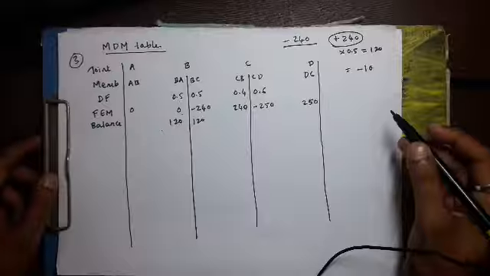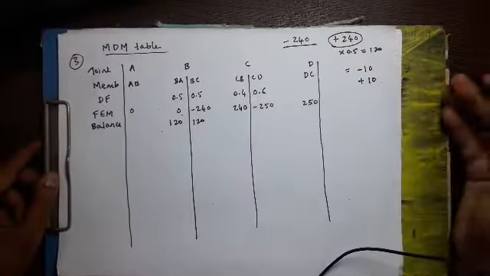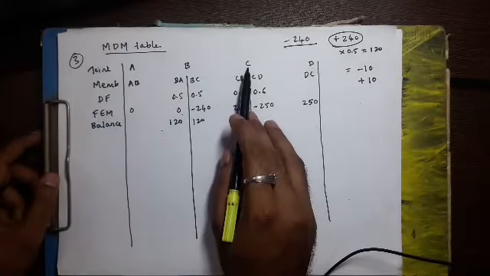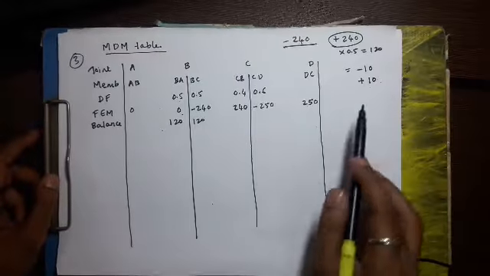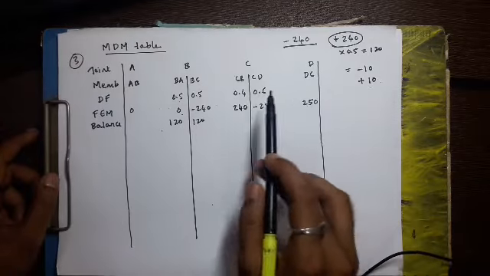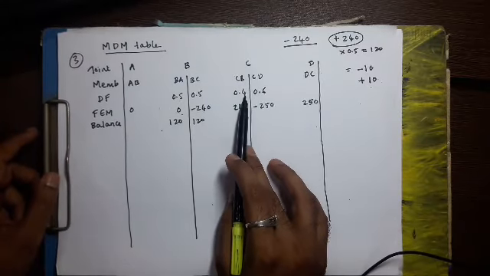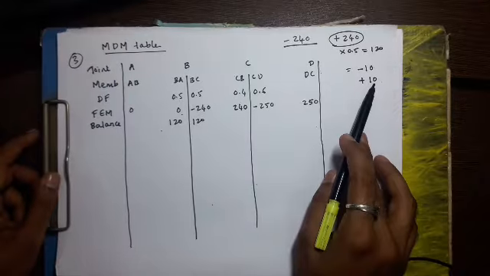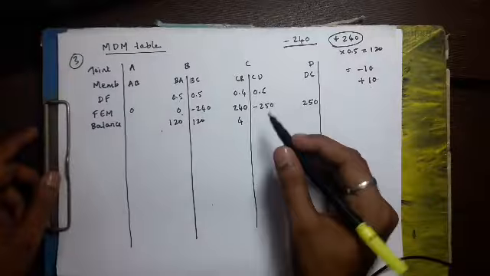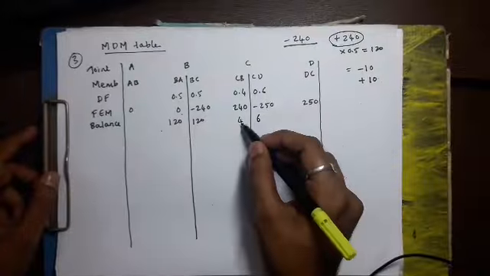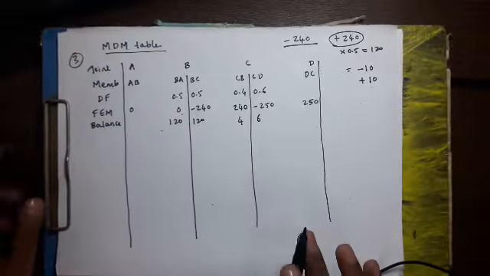In order to balance it, we have to apply plus 10 kilonewton meter moment at joint C, and this 10 is shared by CB and CD by distribution factor. 10 into 0.4 is 4, 10 into 0.6 is 6. So the total comes to 10. Here you get minus 10, here you get plus 10. This is balanced.